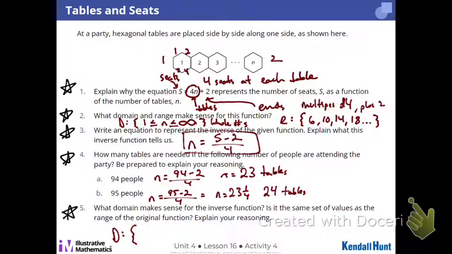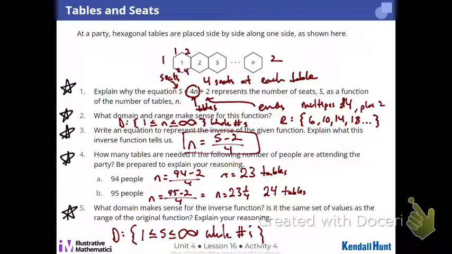What's the lowest number of people? One person, right? So we need our people, or S, to be greater than or equal to 1, but less than or equal to infinity, and we need whole numbers, no partial people, right?